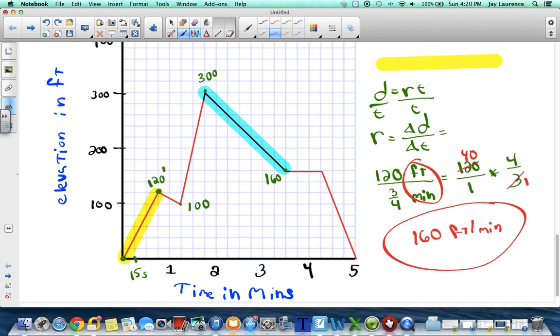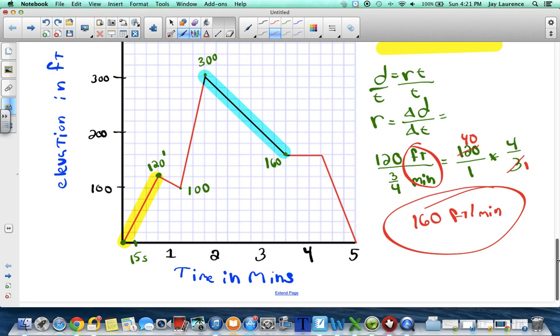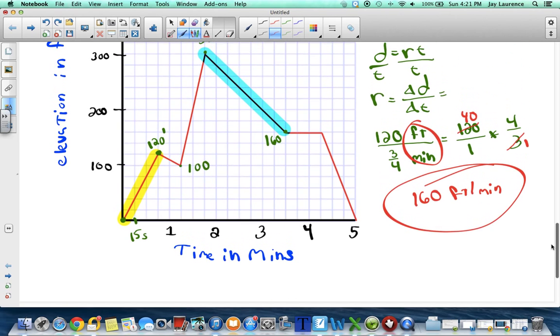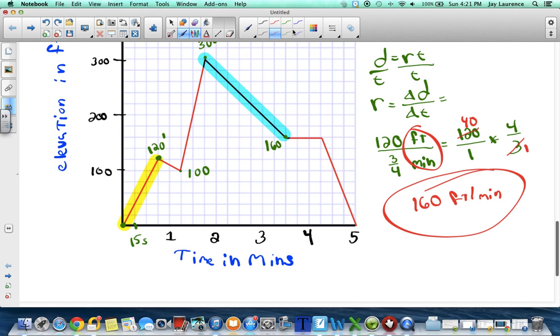So in other words, this helicopter was climbing at a rate of 160 feet per minute. Okay, so it's not super duper fast, but then again, the person is only an amateur learning how to do this, so pretty cool nonetheless. And you would say that was a positive 160 feet per minute because it's climbing upward.